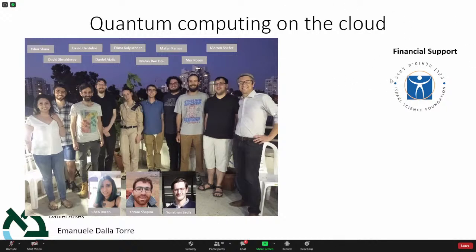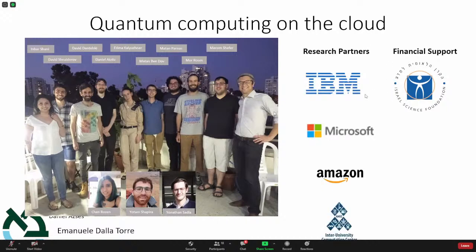I acknowledge the financial support of the Israel Science Foundation, and also a collaboration with private research partners, in particular the group working on quantum computers in Israel, mostly the IBM group, and more recently also Microsoft and Amazon, who have opened small research groups in Israel. This is great, to be able to collaborate closely with people that have access to the systems themselves.